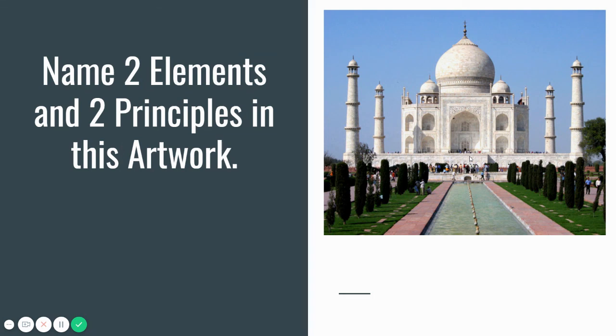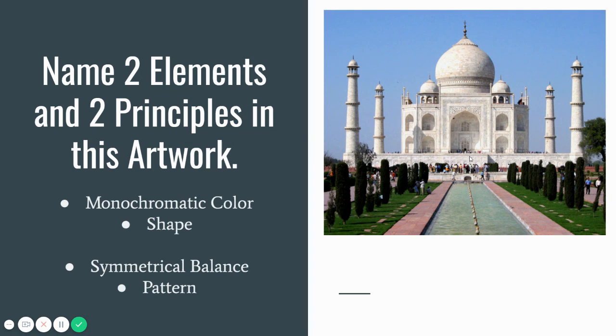Okay, how about this one? Let's do something architectural. Can we name two elements and two principles in this artwork? Okay, knowing that there's more than two, in my example, I chose monochromatic color. Notice I didn't just say color, okay?